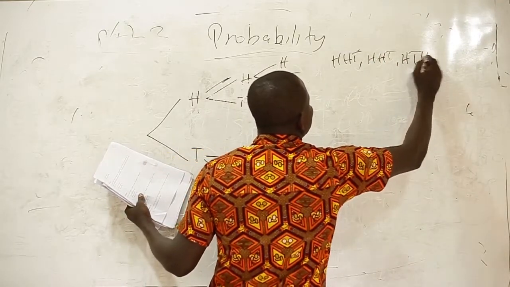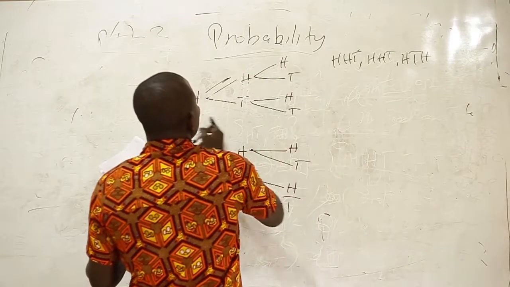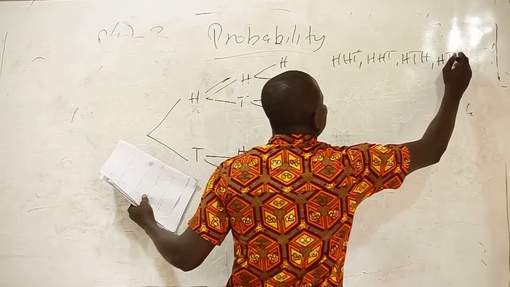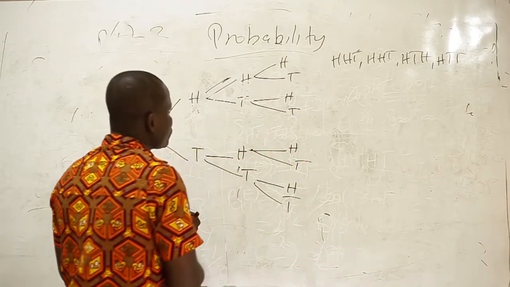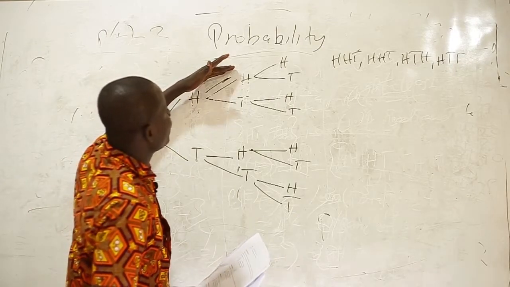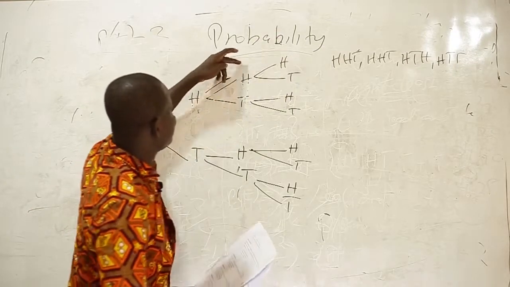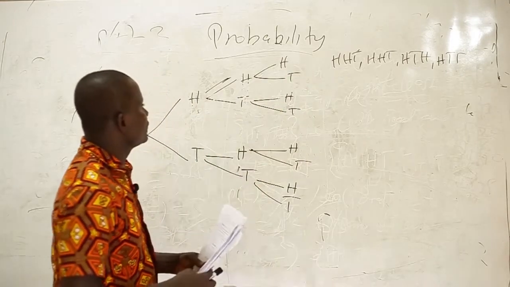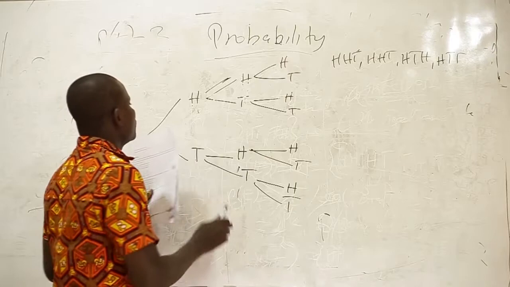The top is head, tail, head. Then we come to head, tail again. I'm repeating. First we move here, head, tail. First one, head, tail, straight. Head, tail, down. Tail, head, straight. Tail, head, head, tail.